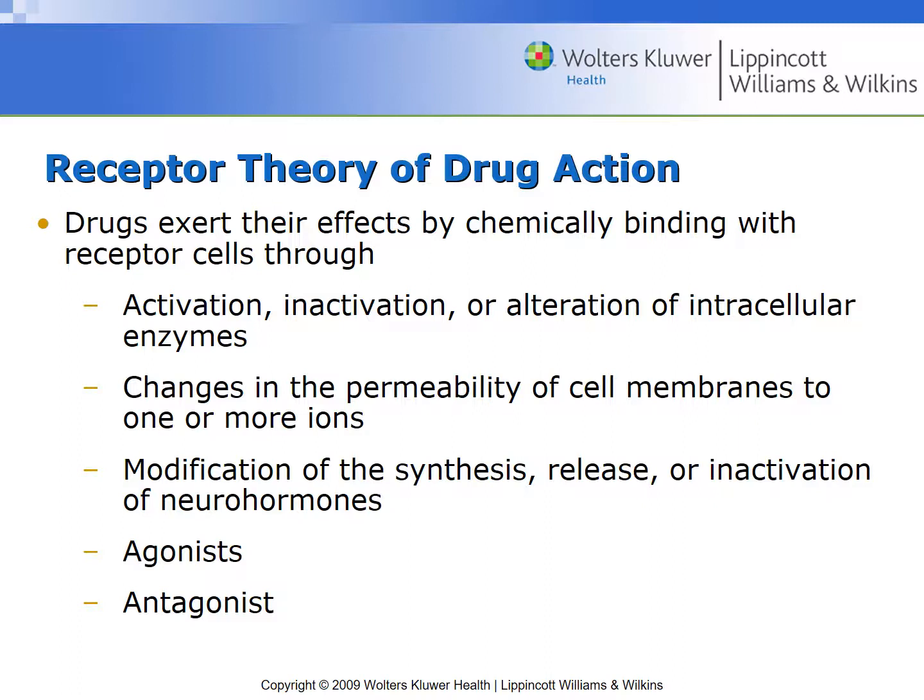Okay, receptor theory of drug action. Let's study this a minute. This is where drugs exert their effects by chemically binding with receptor cells through activation or inactivation or alteration of intracellular enzymes.